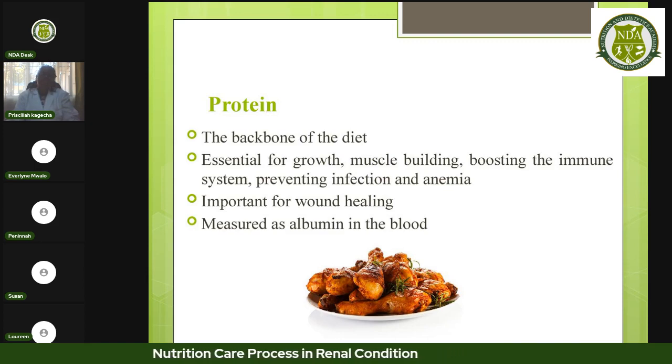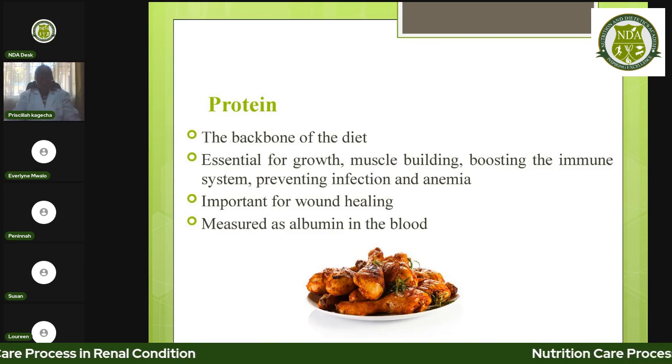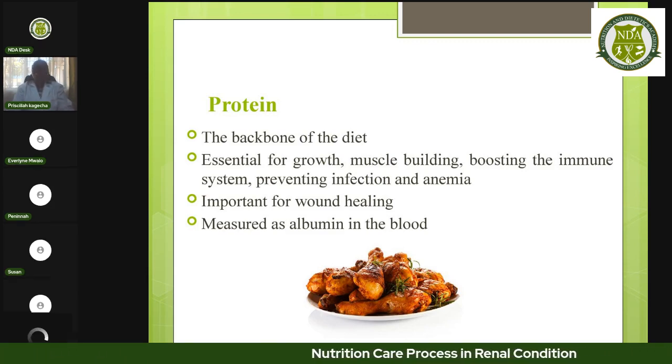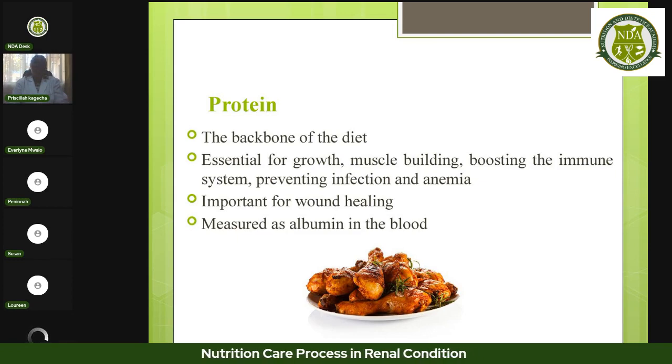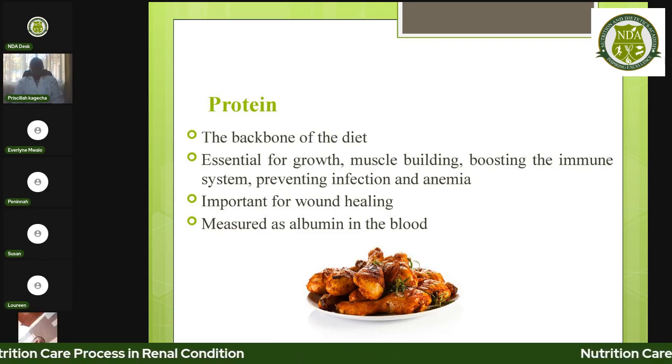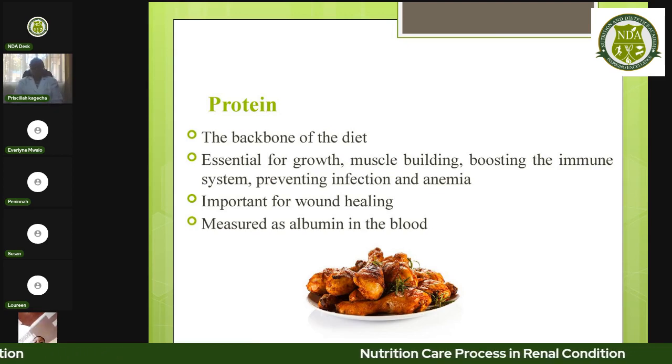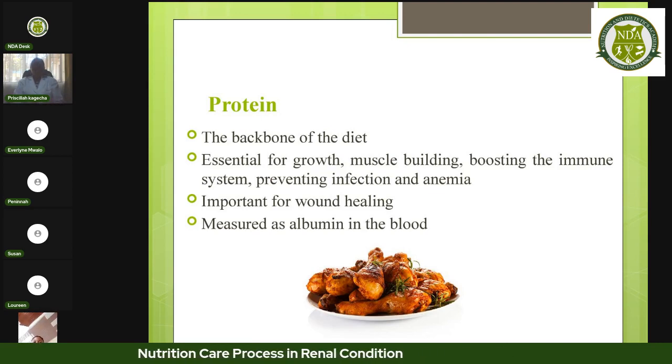So there are several suggestions that you can give to a patient to encourage them to have adequate calorie intake. You may encourage the patient to not miss meals even when they are not hungry. Let them take small frequent meals.